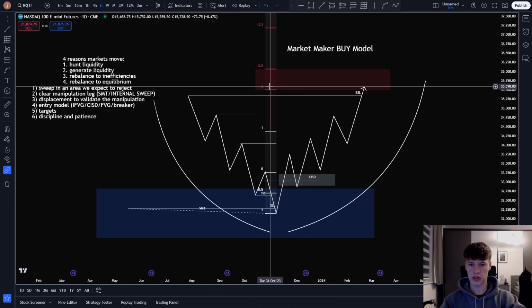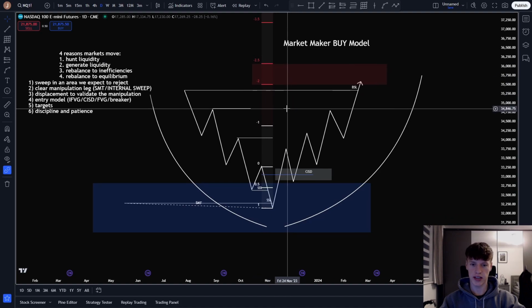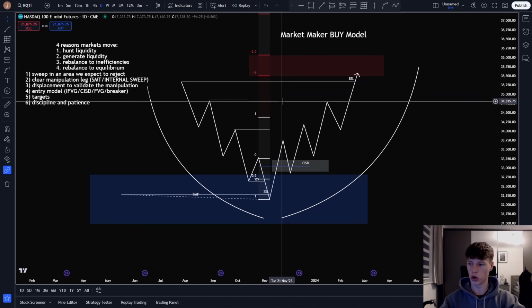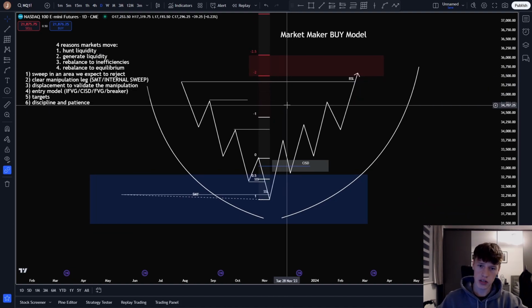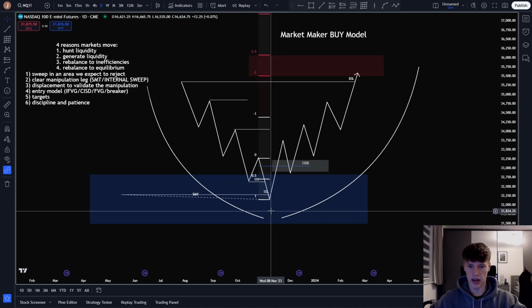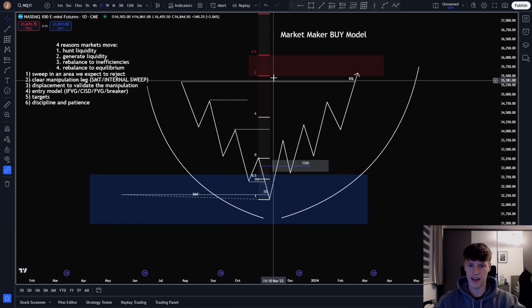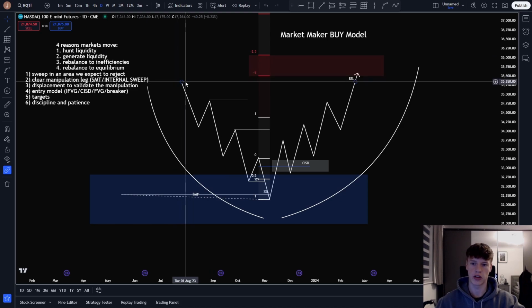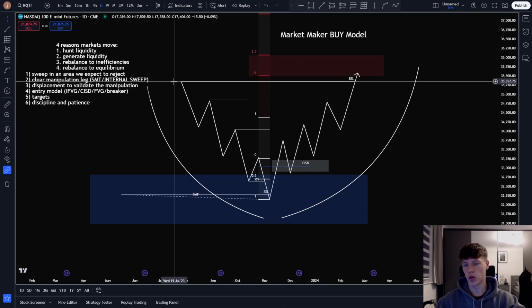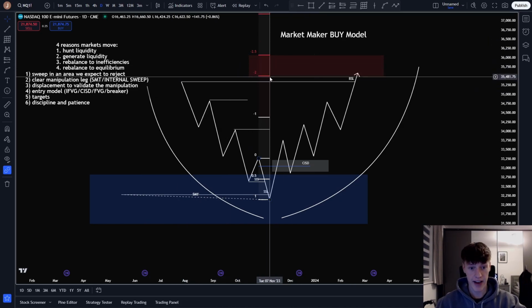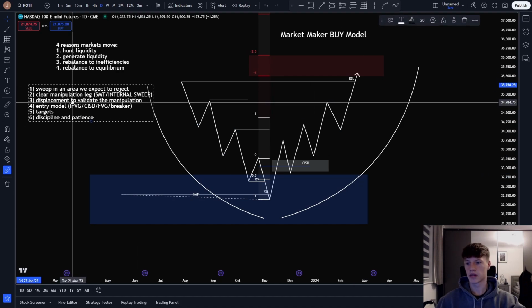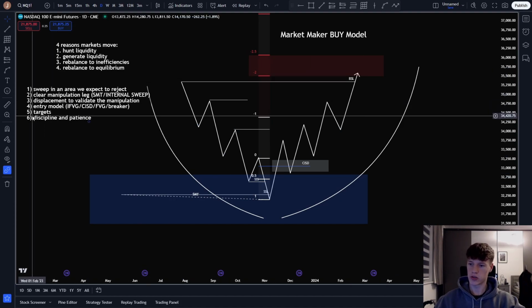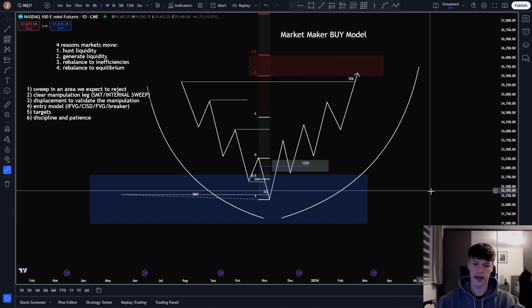And then this 2 to 2.5 projection is usually a strong draw on price, and that is particularly where price will draw towards if this key level lines up with another key level such as buy-side liquidity or an area we expect to reject from. Perfect, amazing target.